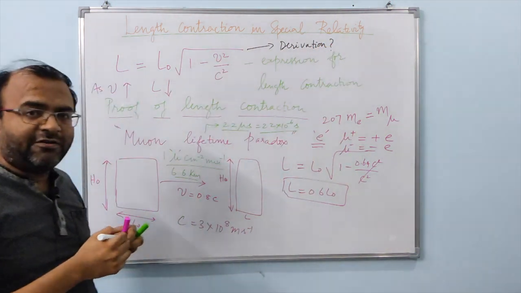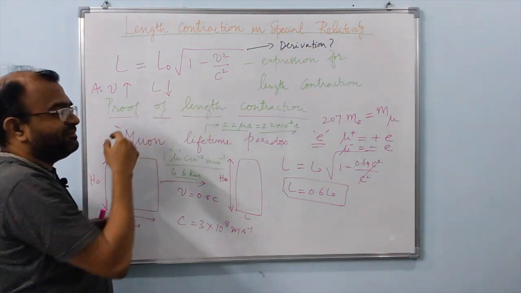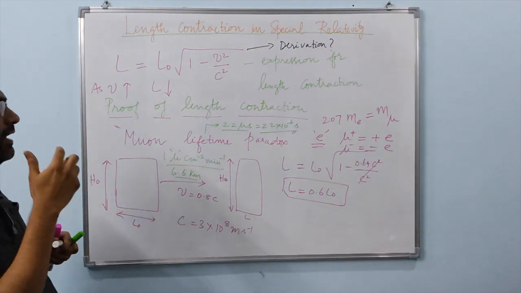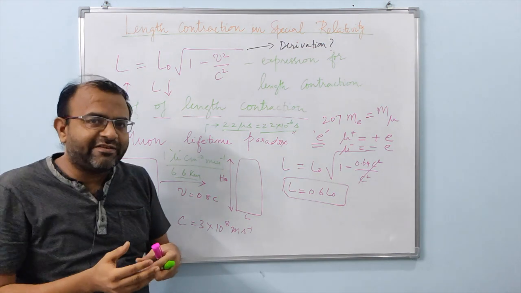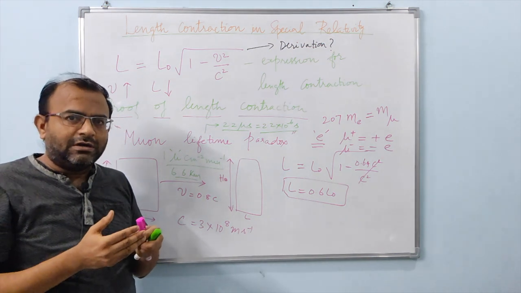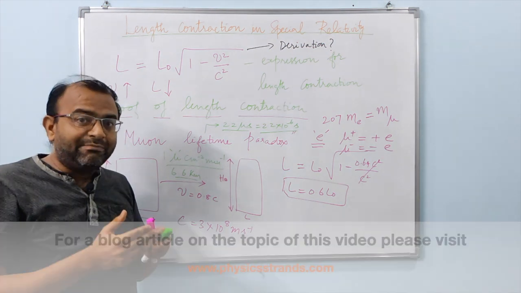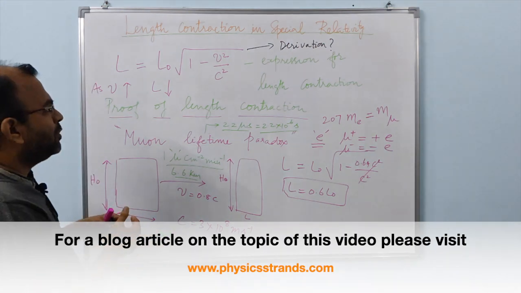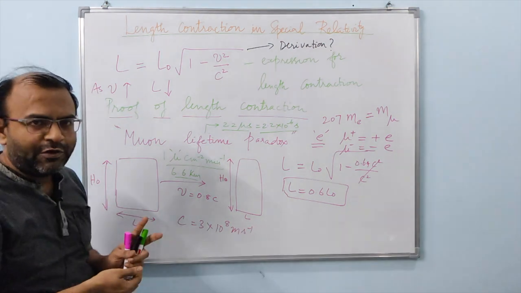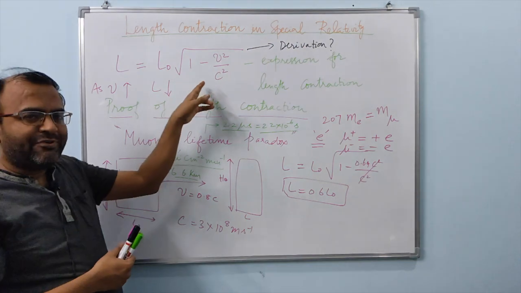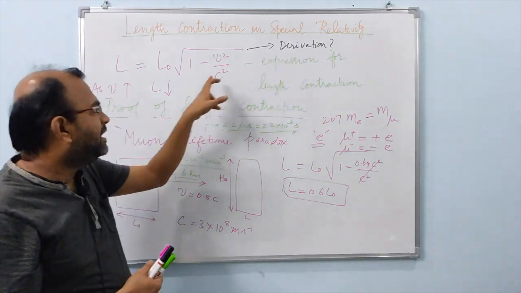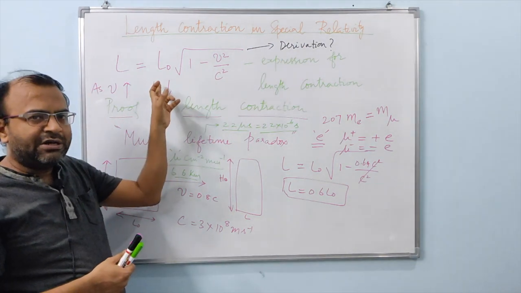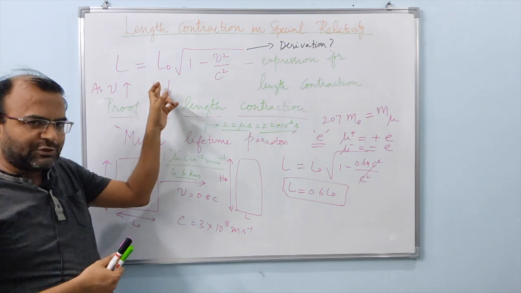Yes, there are a few methods by which we can derive it. The derivation is similar to the derivation that we have done for the time dilation. So I'm not going to do that derivation in this particular video. I'm going to post a separate video for the derivation of the length contraction expression. Please do check out that video as well.